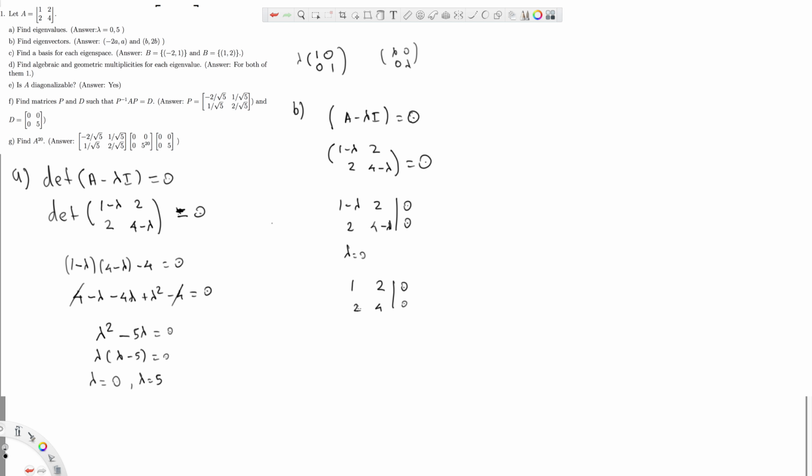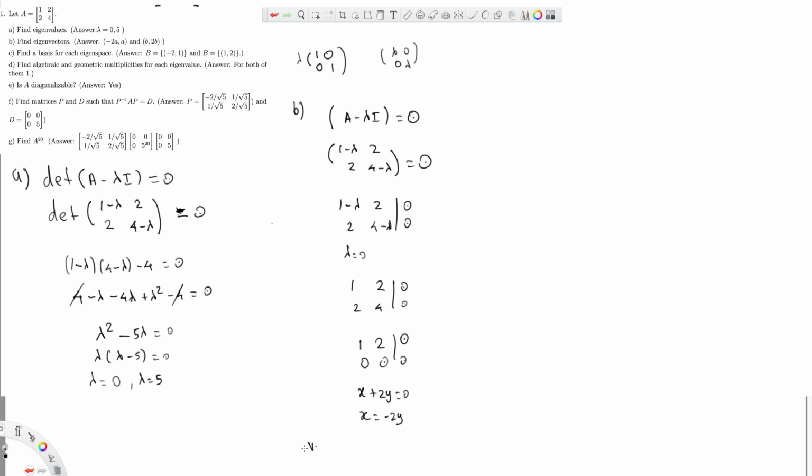And if you see, the second row is a multiple of the first. Therefore, I can get rid of it with Gaussian elimination. It becomes 1 2 0 and 0 0 0, and therefore my answer is x plus 2y equal to 0. Therefore x is equal to minus 2y.